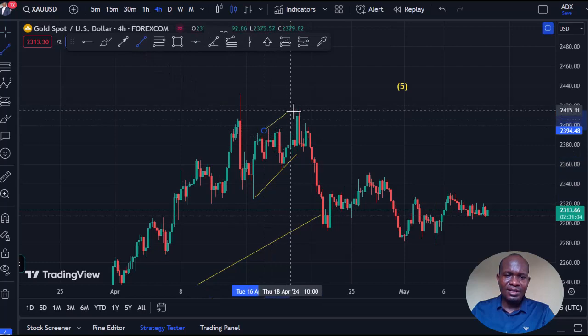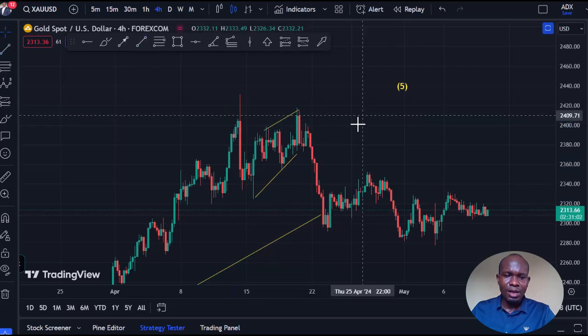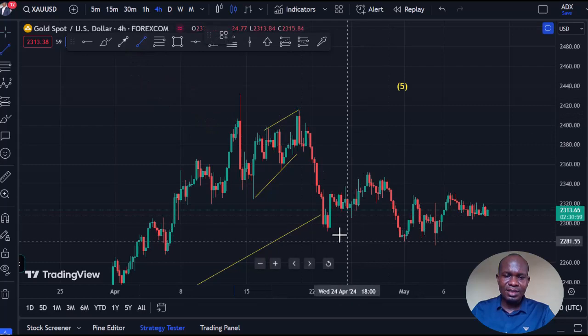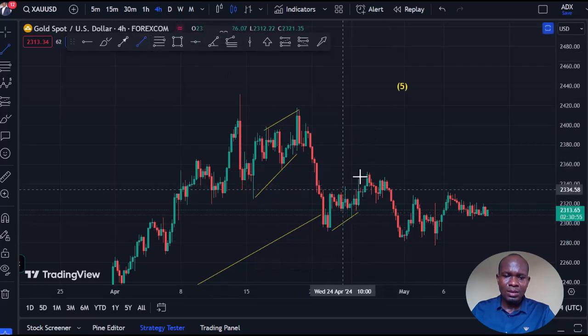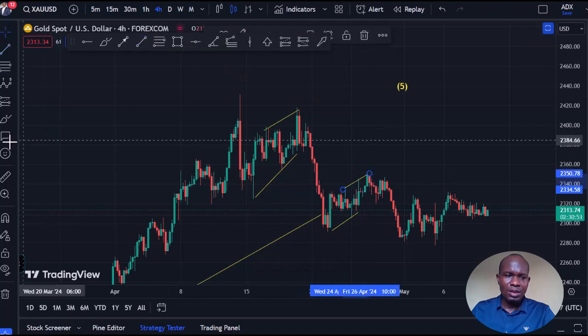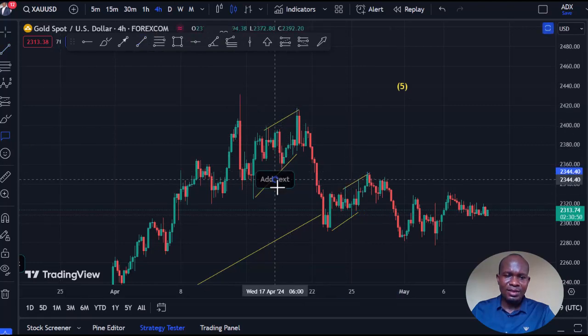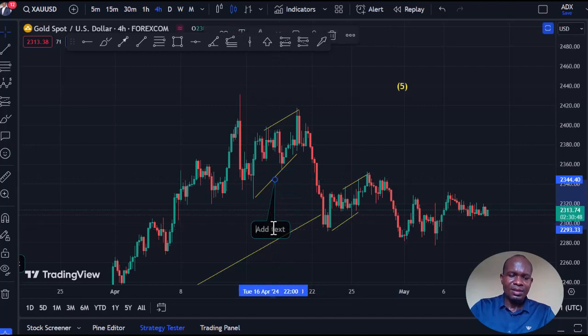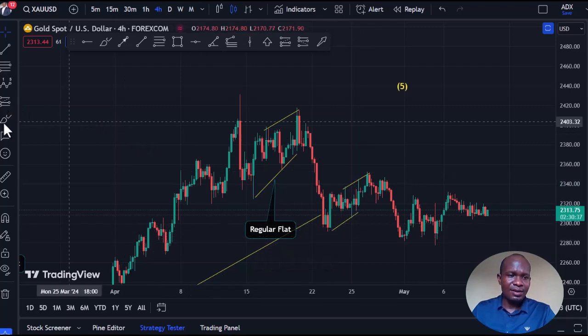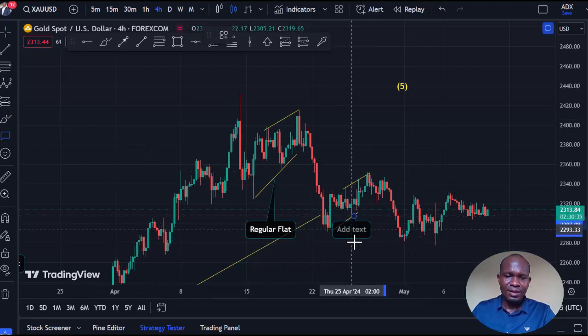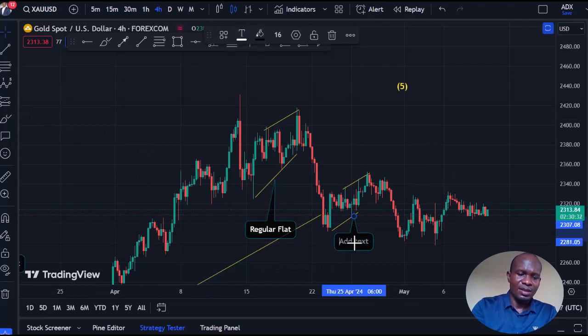We can see a regular flat here, and also a regular flat. Okay, let's label it here. Regular flat. So I have regular flat.